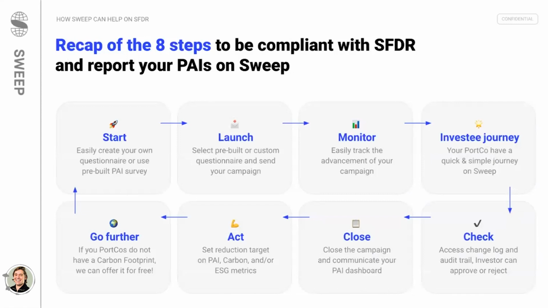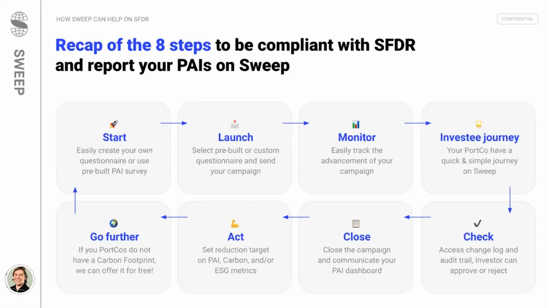So if we recap the eight steps to be compliant with SFDR thanks to Sweep, you start by creating your own questionnaire, or you use our PAI SFDR pre-built survey. Then you launch the campaign as you could do with carbon data, but you do it with ESG data. You monitor the campaign.